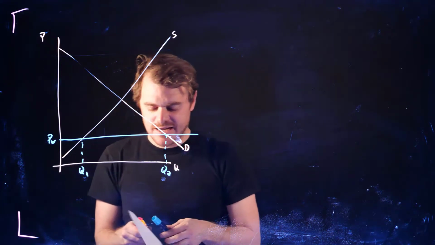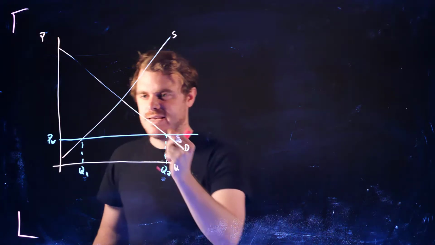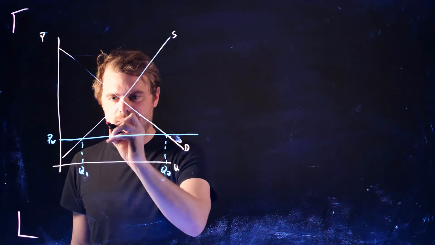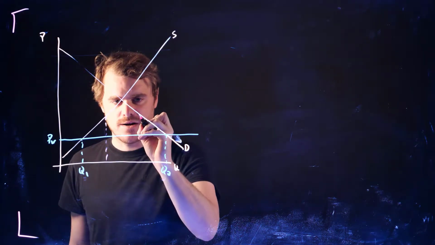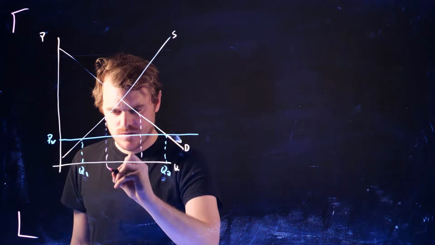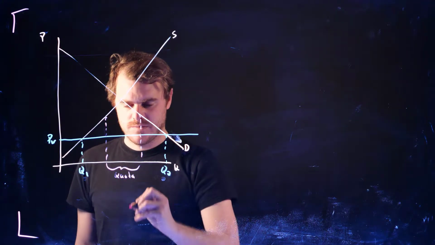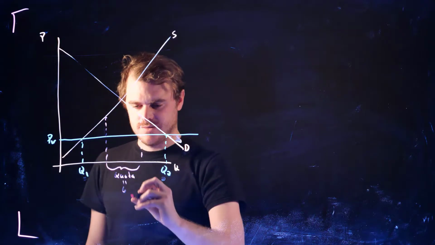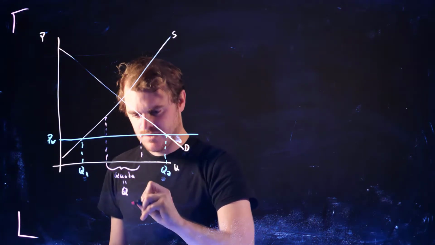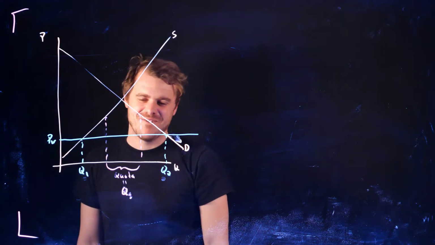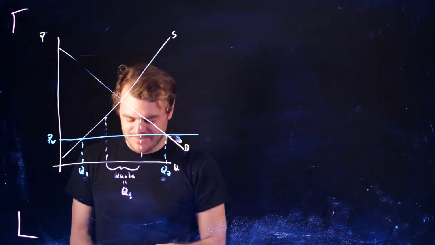But then let's say the government comes along and says, actually you're only allowed to import a certain amount. And let's say it's this amount here. We can call it QQ for the quantity of the quota.